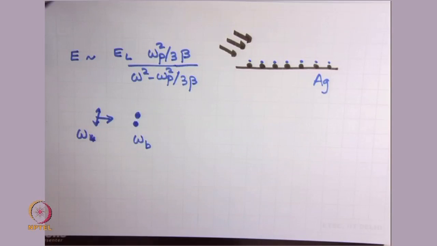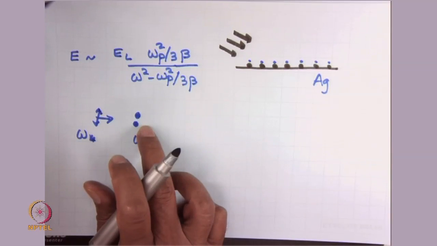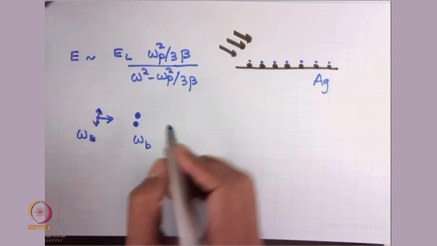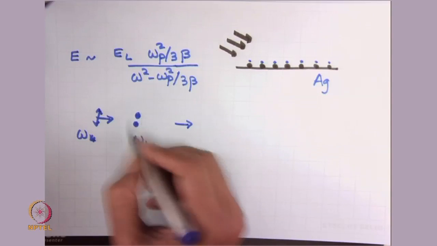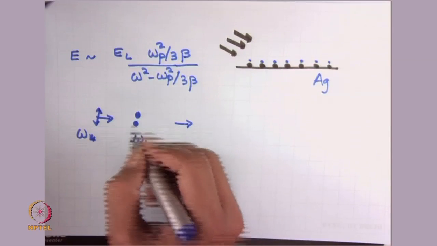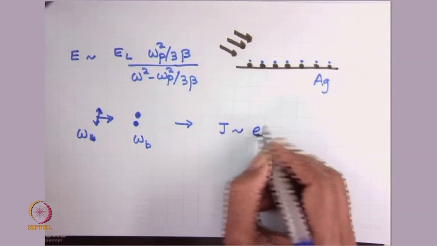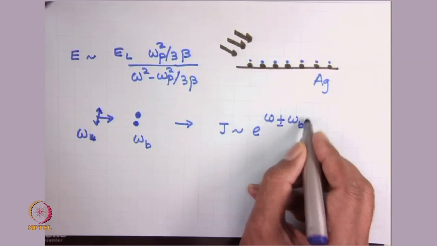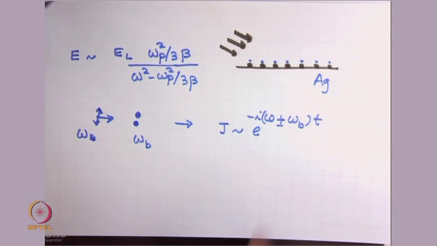So the laser field impinged on a vibrating chlorine molecule will induce a current on the system which goes as exponential of i (omega plus or minus omega b) t, and this gives rise to the field.